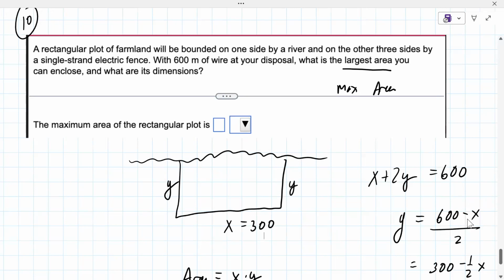Okay, give me the value of y, please. 300 divided by 2 is 150. It is always the case in this problem that the other dimension is half of this dimension. So you don't actually have to do any of the calculus if you remember this.